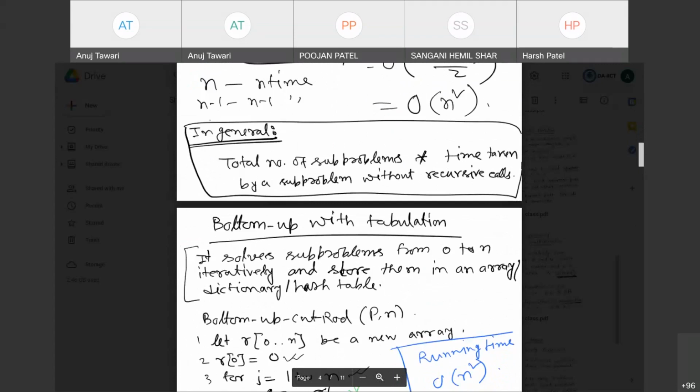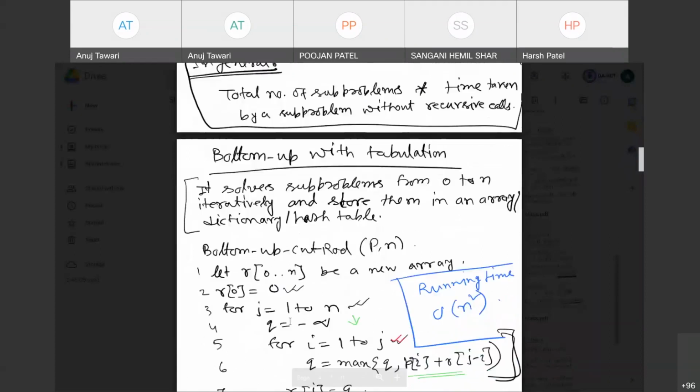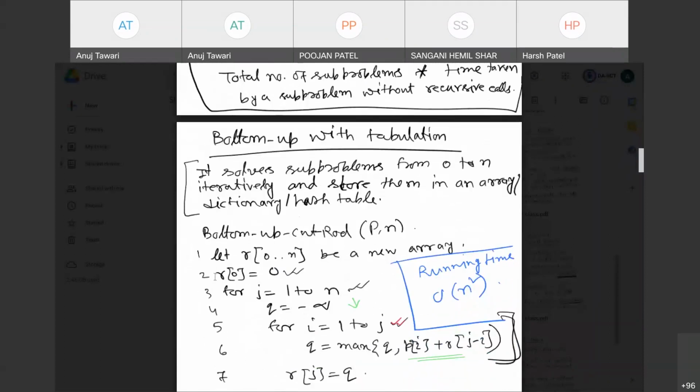So for that we have another approach, which is this bottom-up approach. So what's this thing? Initially we were going from top to down. For computing Rn, we needed Rn minus i and so on. Now we will start from the bottom. So R0 is set to 0 because a rod of length 0 will give you 0 revenue, and then keep on iterating.